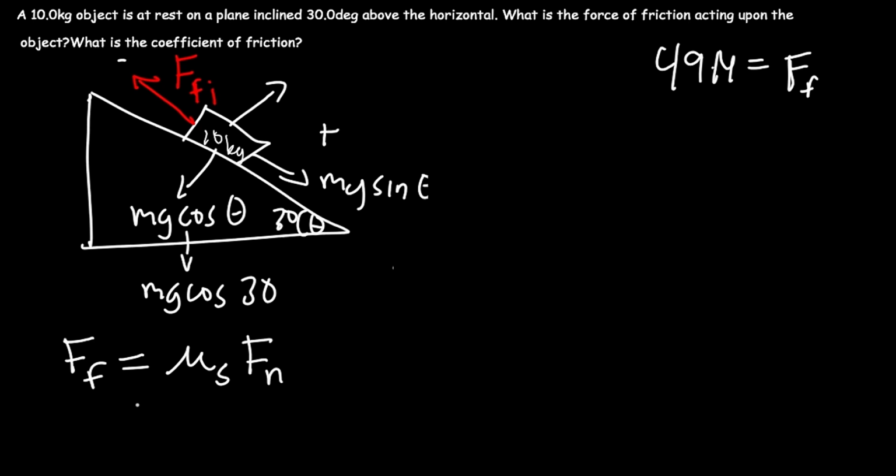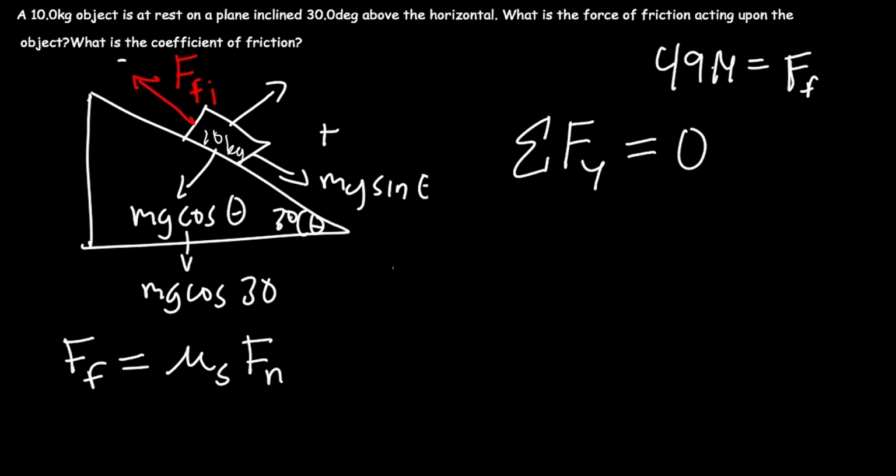Paano natin to isosolve? Let's identify ulit yung meron sa y-axis natin. So, the force acting on y-axis is equals to 0. Why? Kasi hindi naman nagja-jump yung object natin, no? So, walang movement or interaction sa y-axis natin.